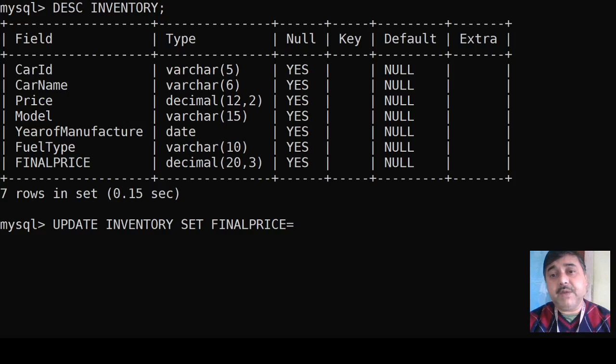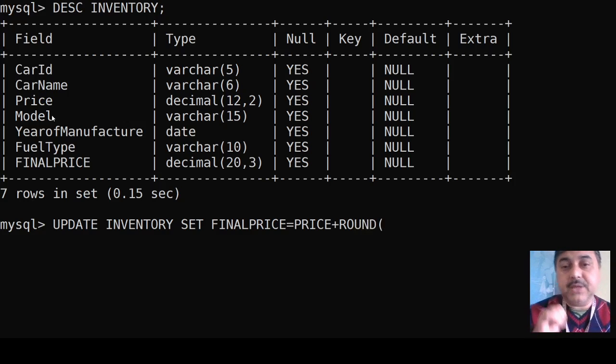We will take the price and we will round something off. So what will we write here? Price, obviously price is there. Price plus round. ROUND, round. Price plus round.